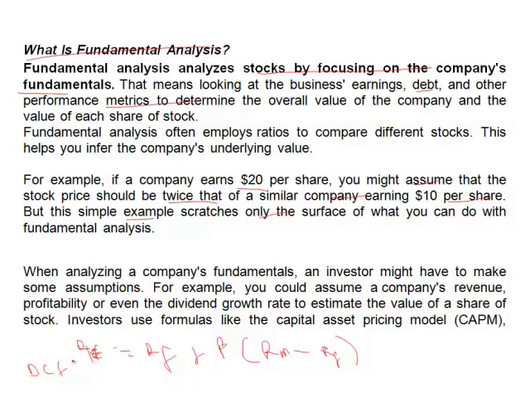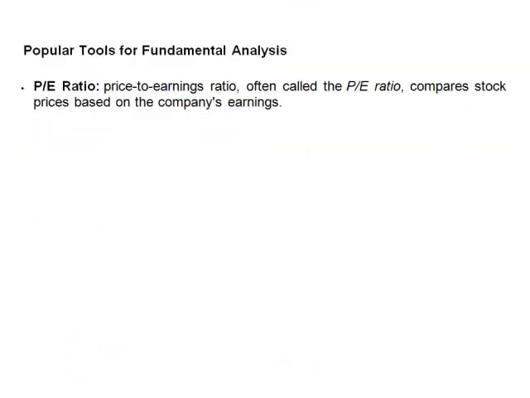Now, what are the popular tools for fundamental analysis? Let's look at them. We have the price to earnings ratio, often called the PE ratio, and this one compares stock prices based on the company's earnings.